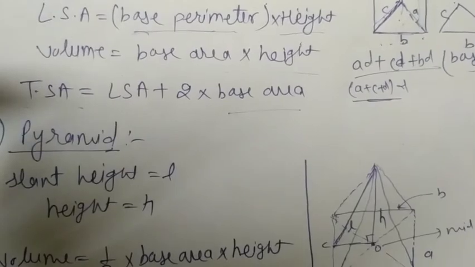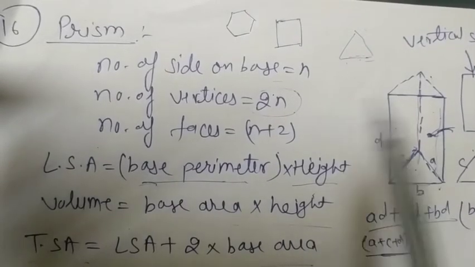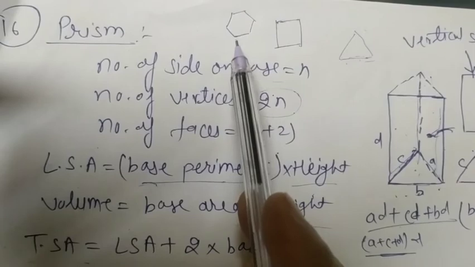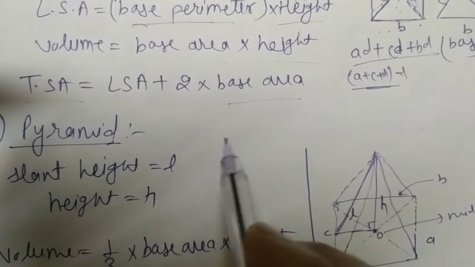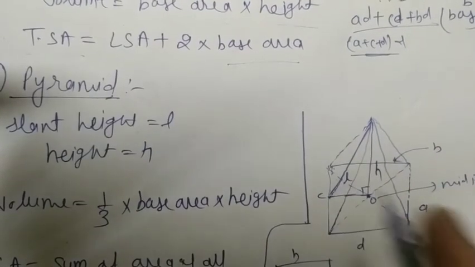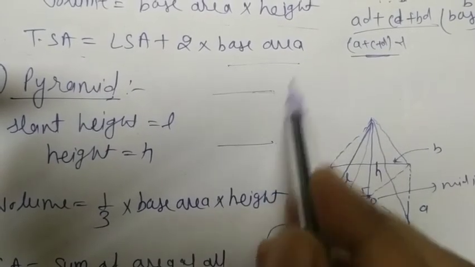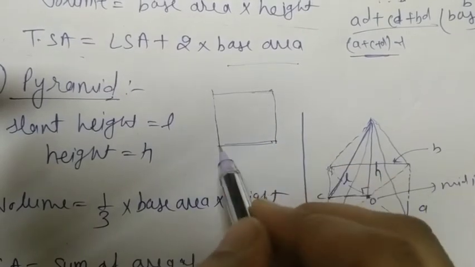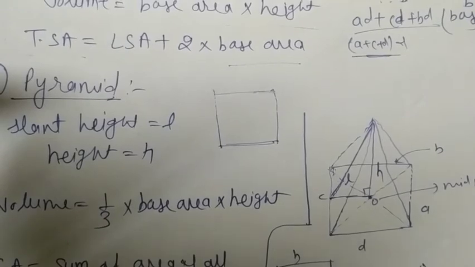Now let's talk about the pyramid. Look here, in this prism we are putting similar figures on each one of them and making a tower of similar figures. But in the pyramid, there could be any shape at the bottom. Generally we will talk about a rectangle or a square or some quadrilateral.